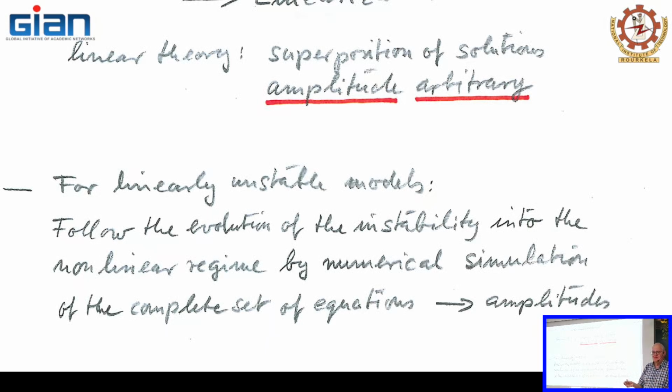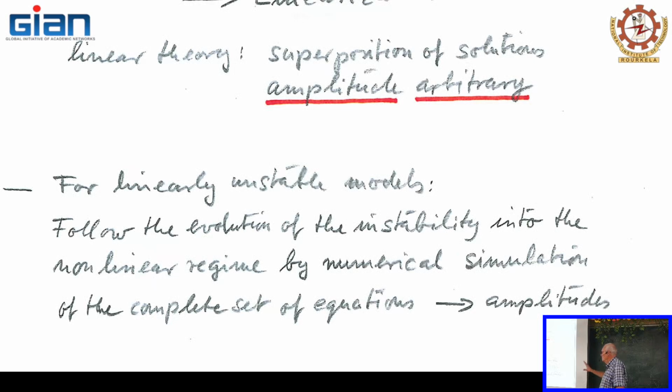There is no change in the equations. We just take these equations and put them in the computer with an appropriate numerical scheme and code, and then we solve the complete set of equations without restriction to the magnitude of the perturbation, and then we may derive the amplitudes and the final fate of an unstable model.